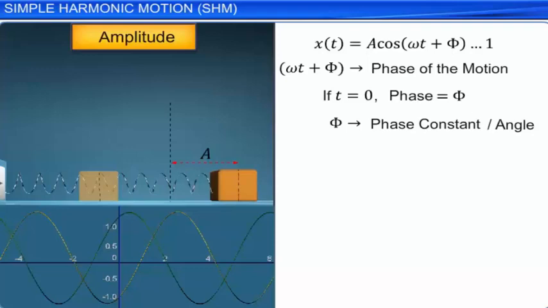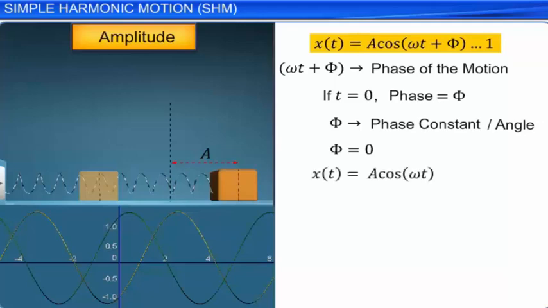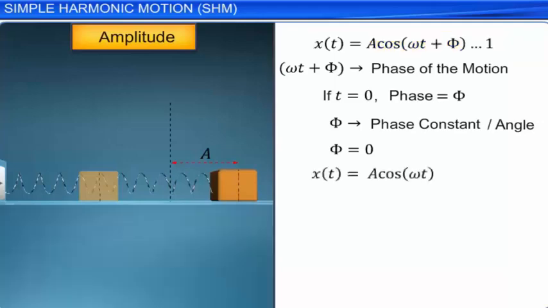For simplicity, if phase constant phi is considered as 0, equation 1 above can be written as x is equal to a cos omega t. We saw that when time t becomes equal to the time period T, the displacement x becomes equal to a.